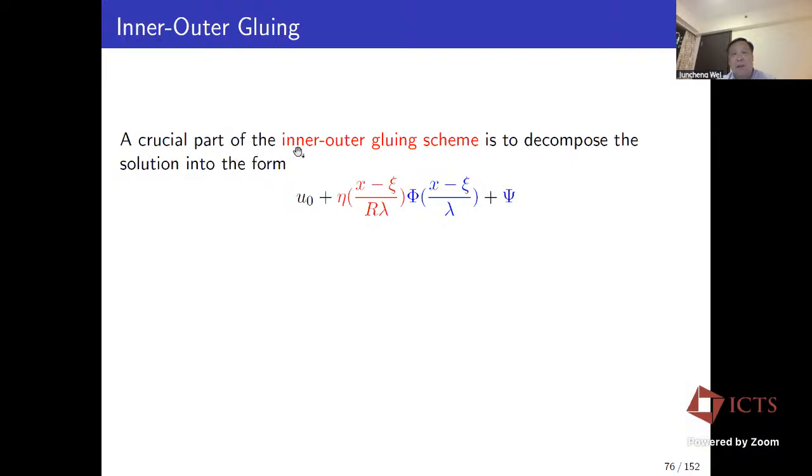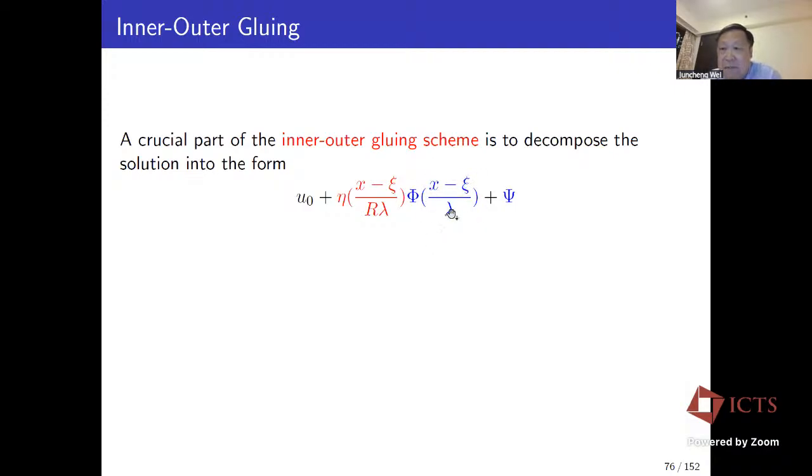The crucial part of the inner-outer gluing now is to decompose the error into, just like the elliptic case, the infinite dimensional reduced case. We're going to decompose the error into 2 functions. So one function is eta. Eta is the cutoff function. So one function is the inner function.